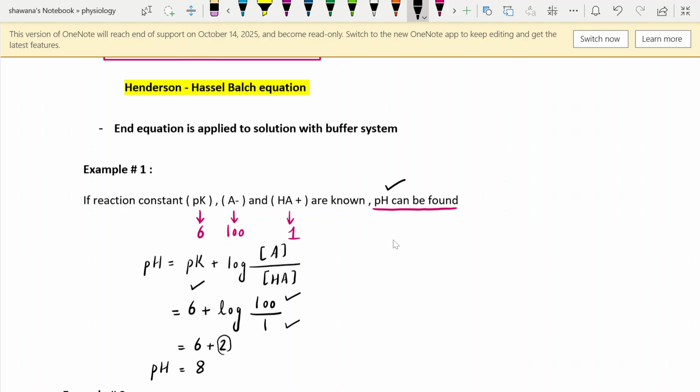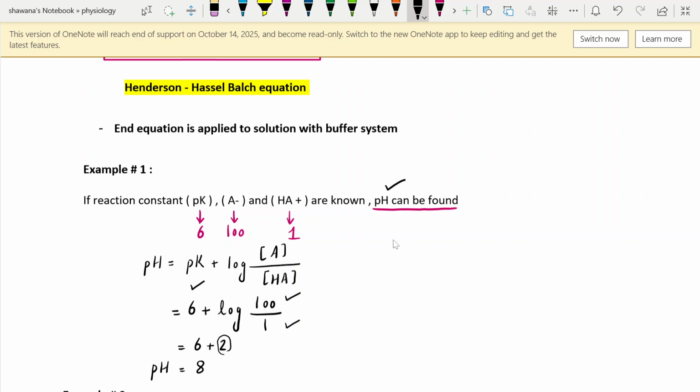Now what we are going to do is take the anti-log on both sides. When we take the anti-log on both sides, this side cancels with the log and this side becomes 0.1, and we can write 0.1 as 1 by 10, equal to A by HA. So when we know the reaction constant and the pH, we can automatically find the ratio between the ions.